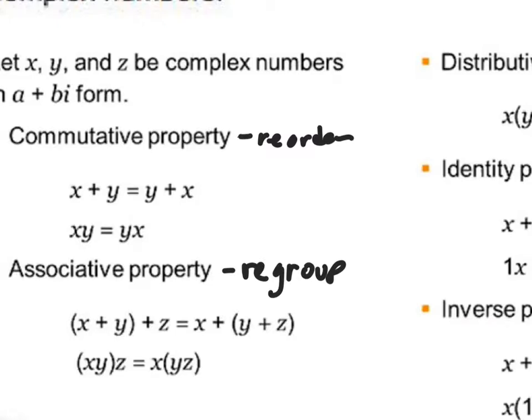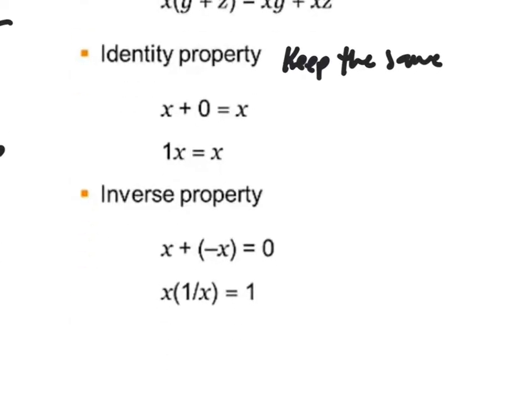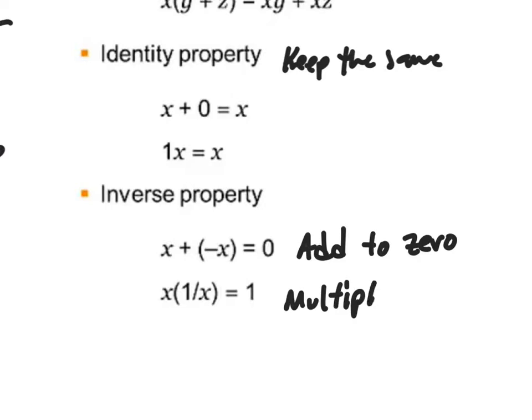Then there's the distributive property. The identity property means keep the same. And the inverse property means either what we add to get to 0, or what we multiply to get to 1. Okay, so that's the idea.